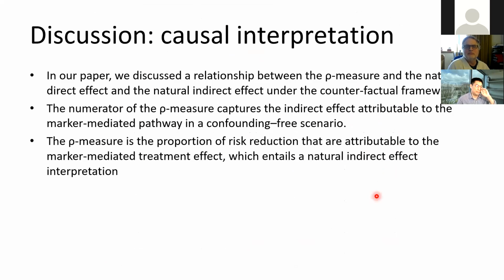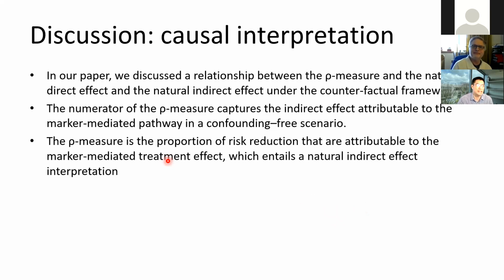In our paper, we also discussed the relationship between the rho measure and the natural direct effect and the natural indirect effect under the counterfactual framework. There is a connection between these two. For example, in a confounding-free scenario, the numerator of the rho measure captures the indirect effect through the marker-mediated pathway.